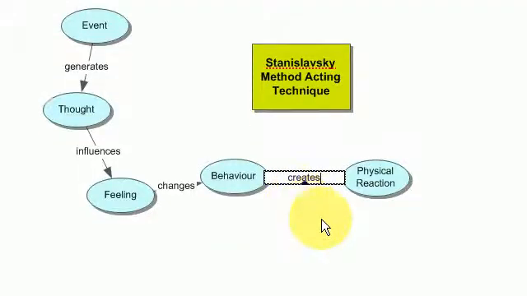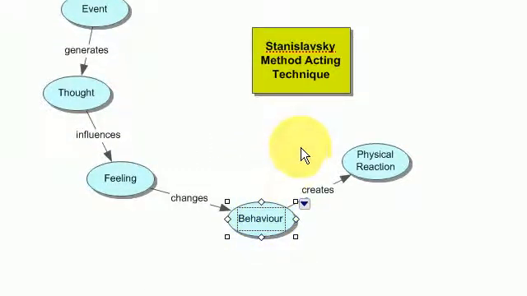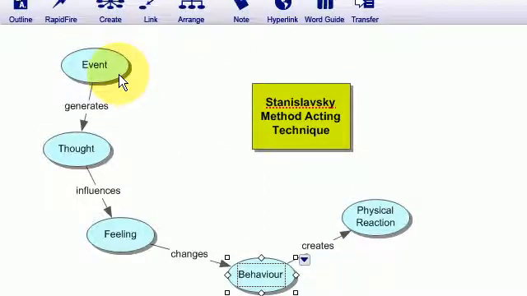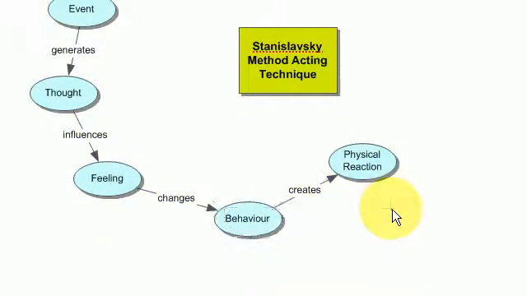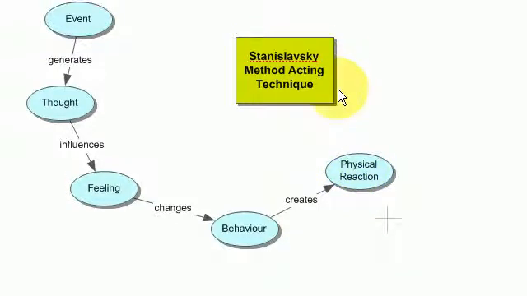So just to summarize in terms of my method acting. Event can occur in real life, which generates a thought, which influences a feeling, which changes a behavior, and which creates a physical reaction.